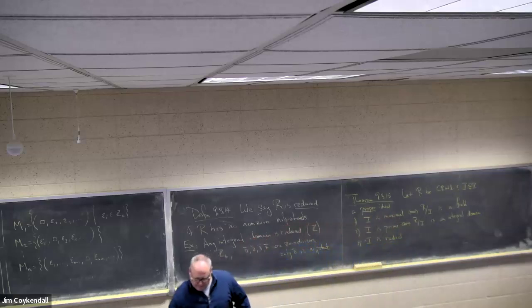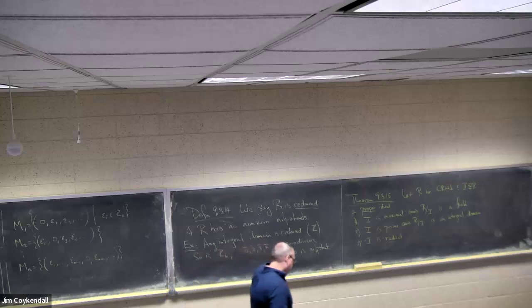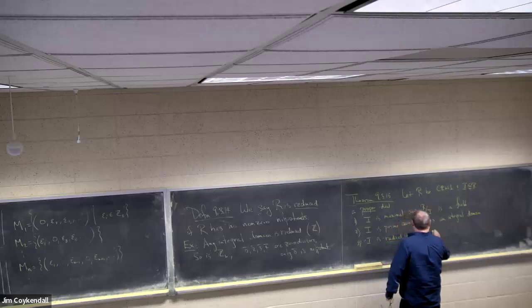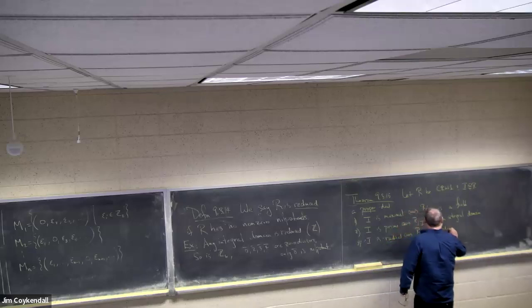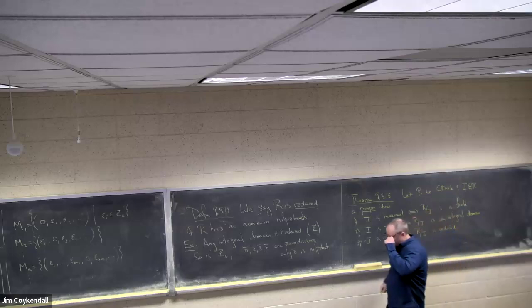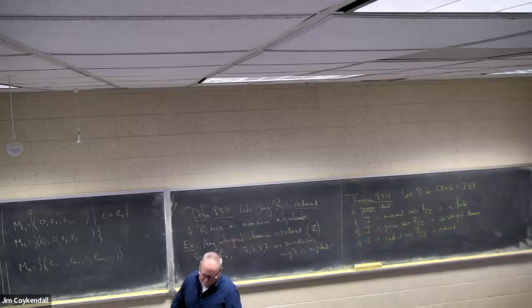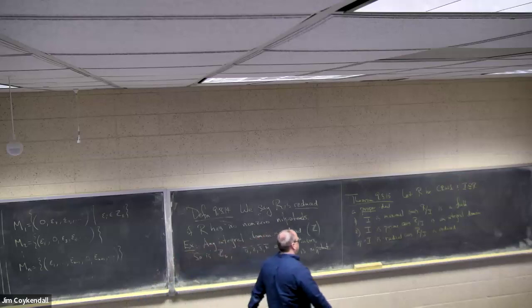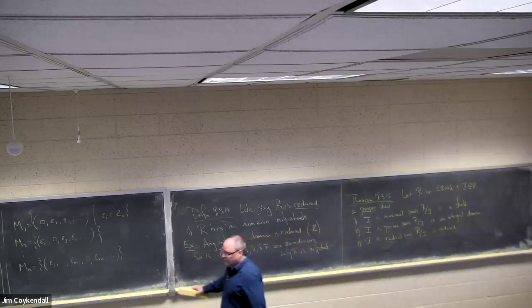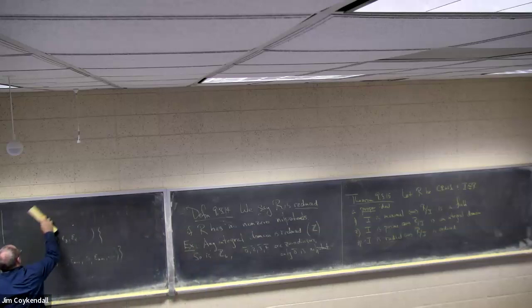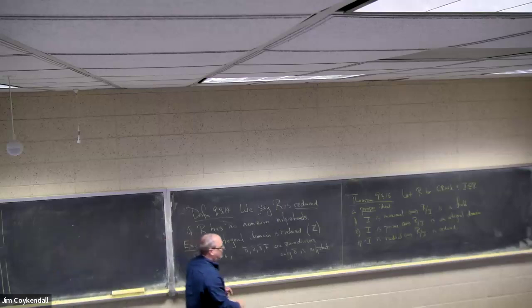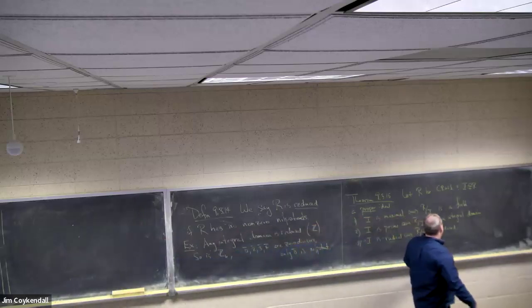I is radical if and only if R mod I is reduced. This is actually very useful because sometimes it's fairly easy from the computational context to determine this.